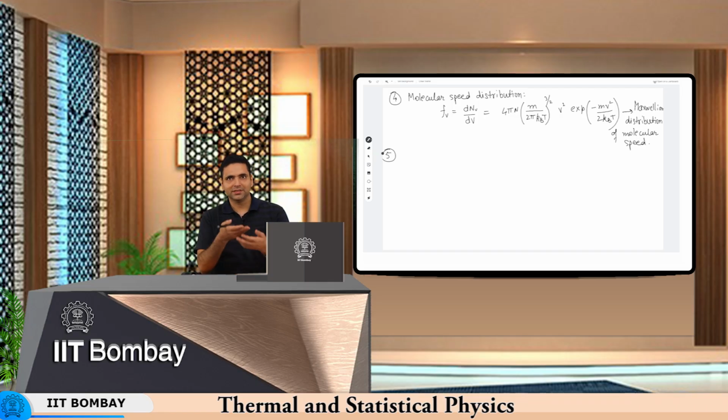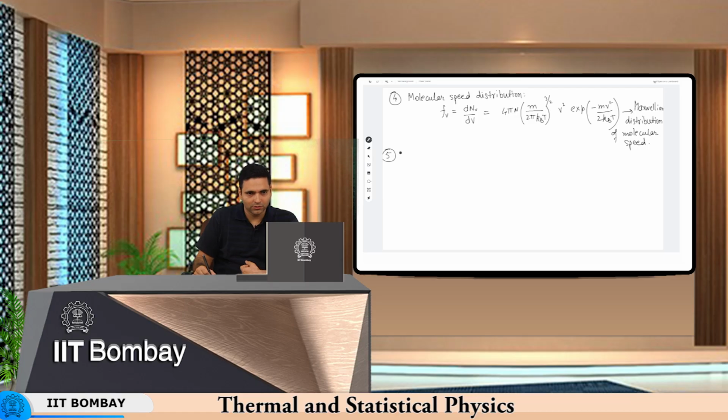Okay, so later on we started relaxing these assumptions of the kinetic theory. The first assumption that we relaxed was that the molecules are not dimensionless, they have some finite size, in which case there is a probability that they will undergo collisions with each other, right?